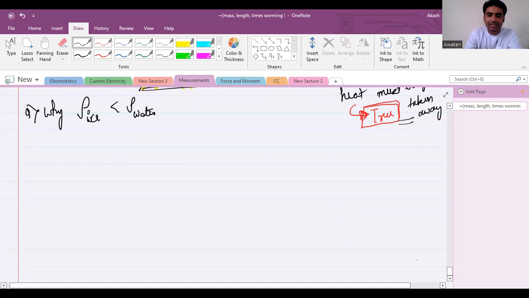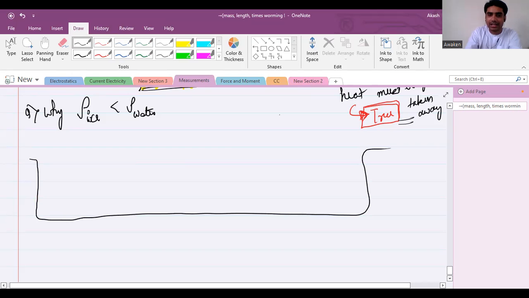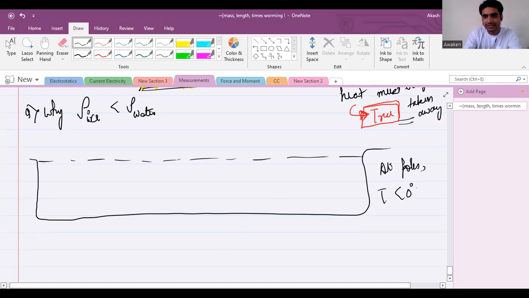You have seen sometimes in Antarctica or the North Pole, the living creatures who are there, the aquatics. Actually, the temperature at the poles goes below 0 degree centigrade. Now imagine there is a lake or a river or sometimes oceans also.